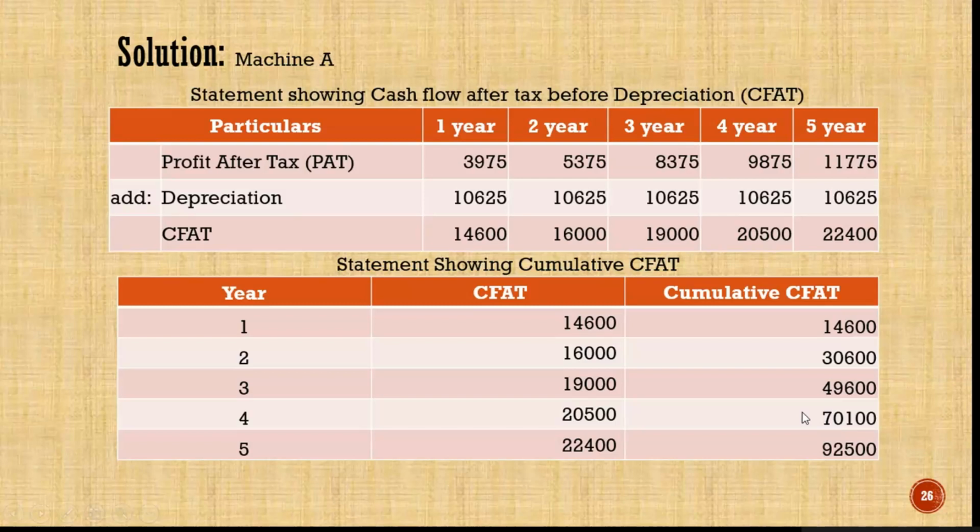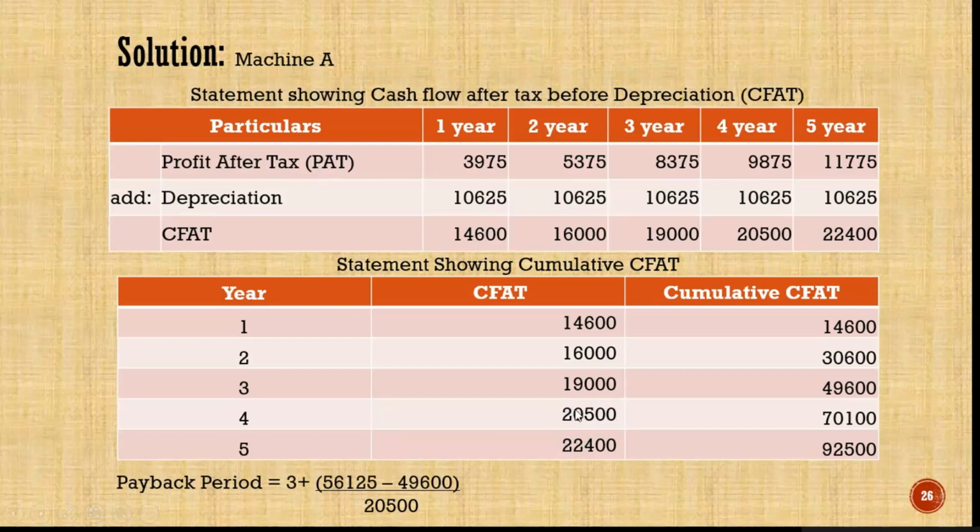So now let us apply the formula of payback period. Here you can see 3 plus 56,125, the initial cost, minus 49,600, which we get at the end of the third year, divided by 20,500, the amount which we get at the end of the fourth year as annual income.